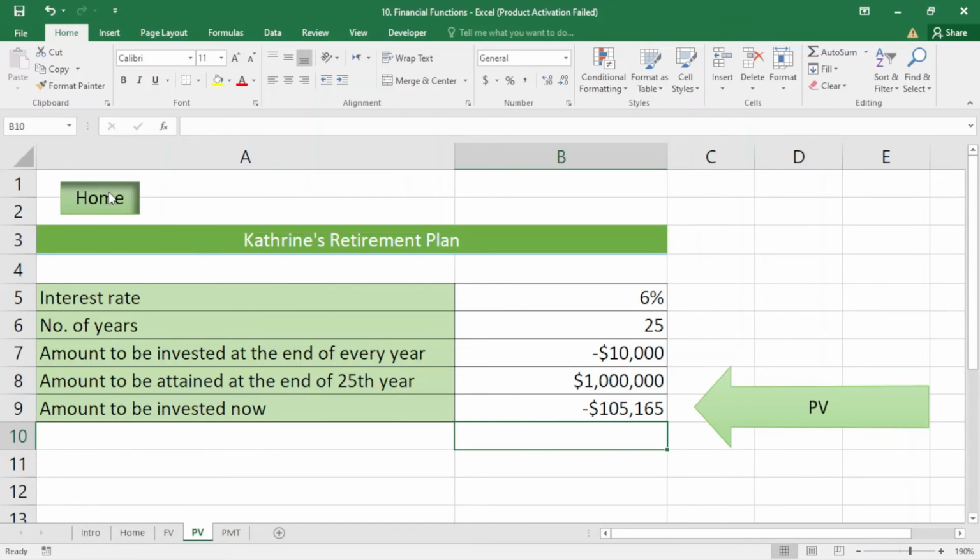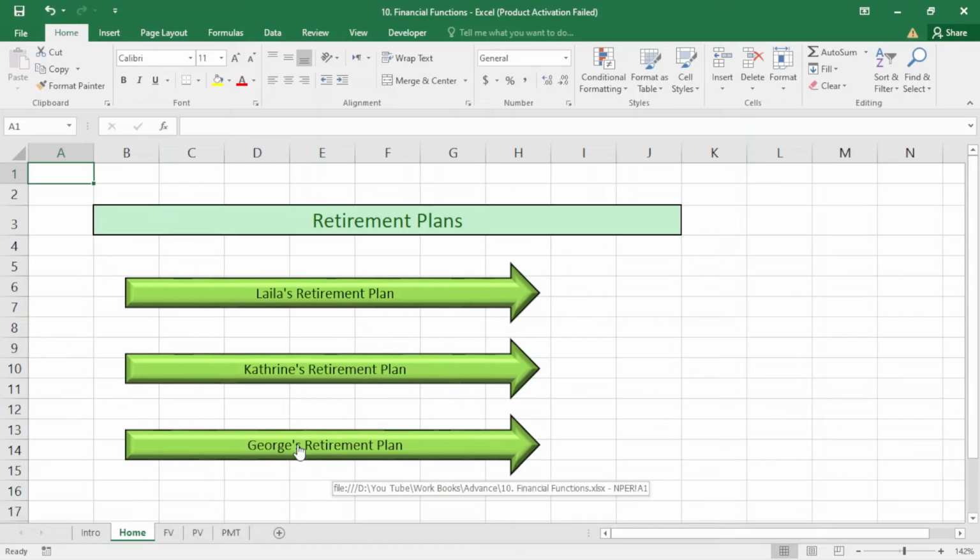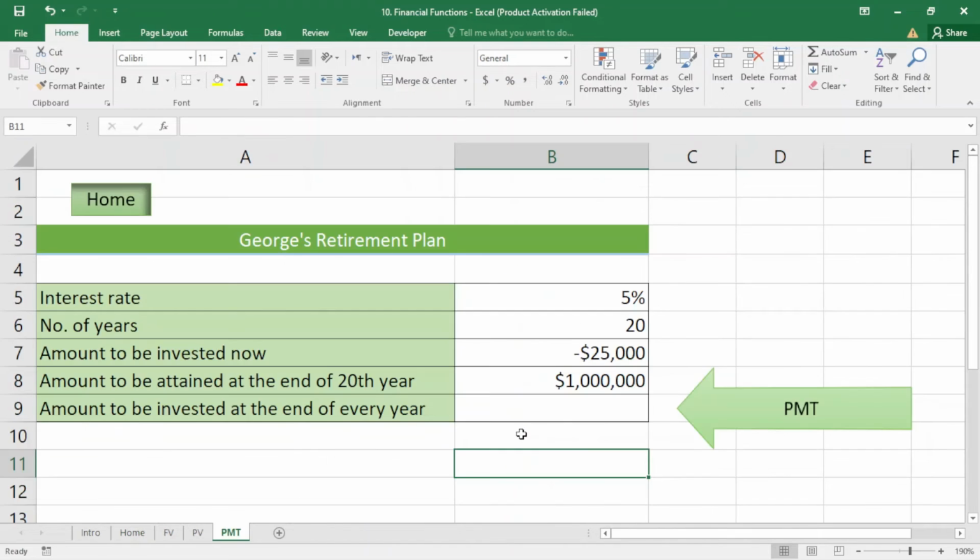And so now I want to find for George. He has the present value, he has the future value, and he wants to find out how much should he pay every year for 20 years in order to get $1 million.